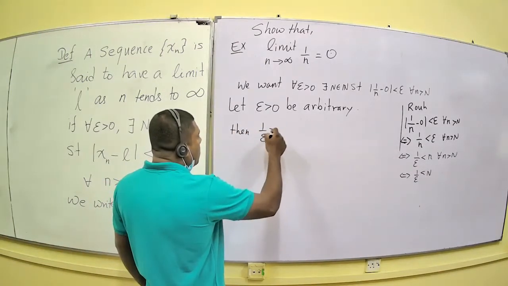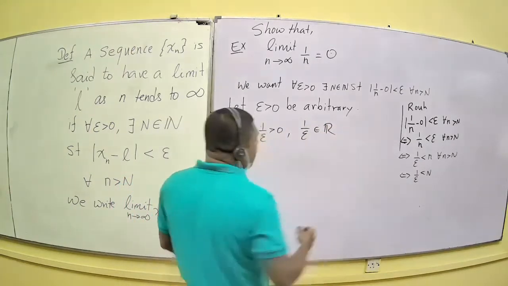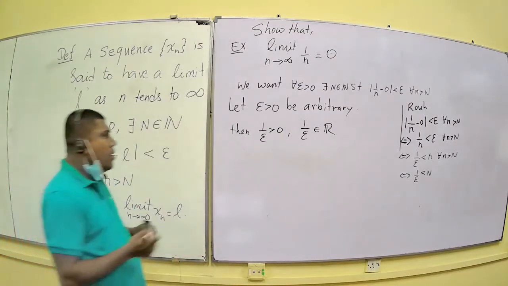Then 1/epsilon is positive and 1/epsilon is basically a real number. You all know that, right?